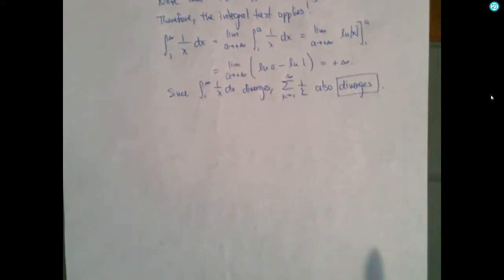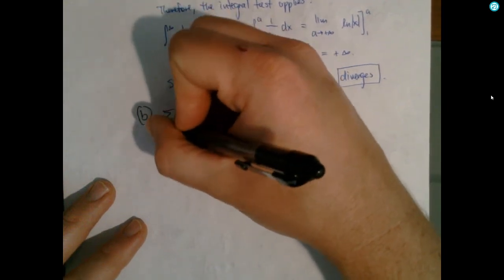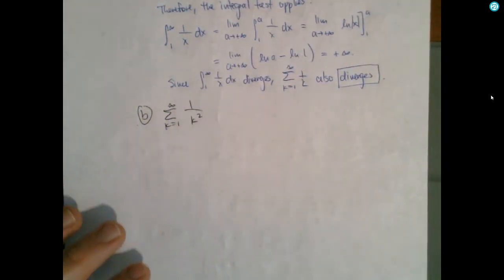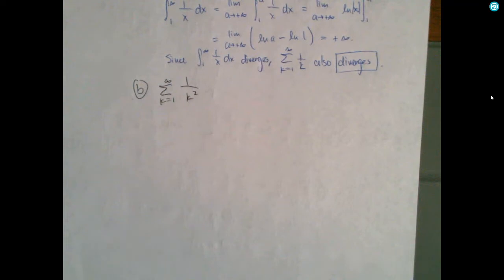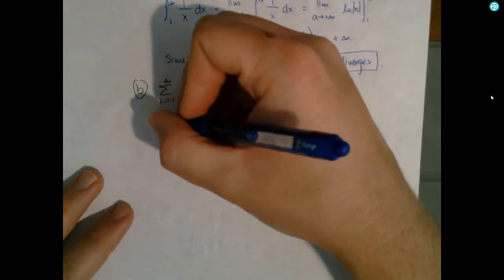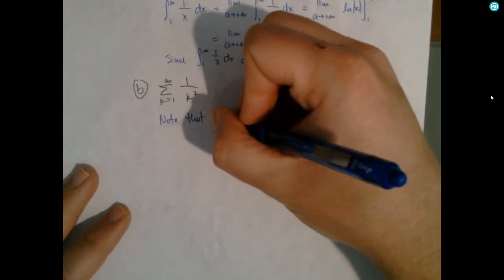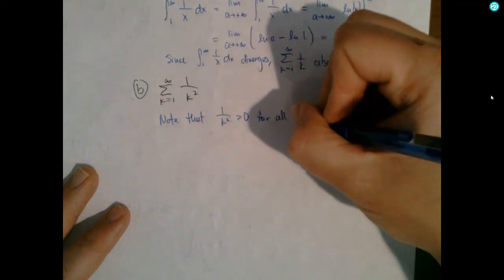And now let's do the same thing for the sum from k equals 1 to infinity of 1 over k squared. First of all, we have to show that the integral test applies, so we have to show that all the terms are positive. Note that 1 over k squared is definitely positive for all k.